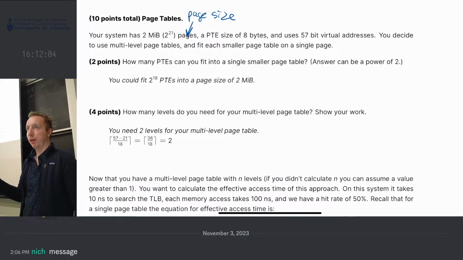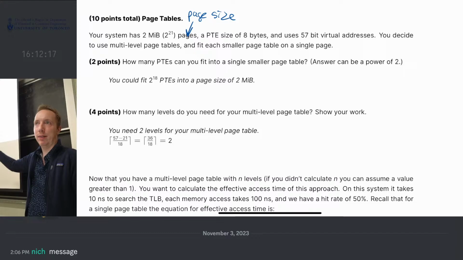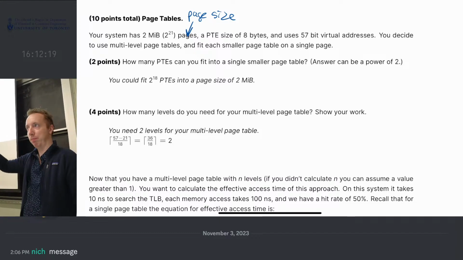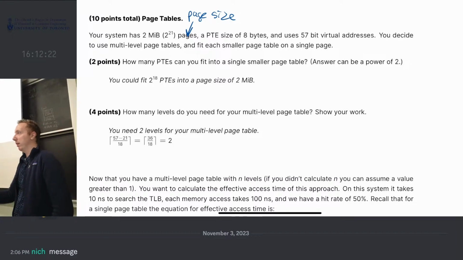It's where you are within a page, as long as the page size is in bytes. I could be really weird and say the page size is in bits, just to make you divide by 8, but if it's in bytes, it has to be byte addressable, so it's just however many bits.